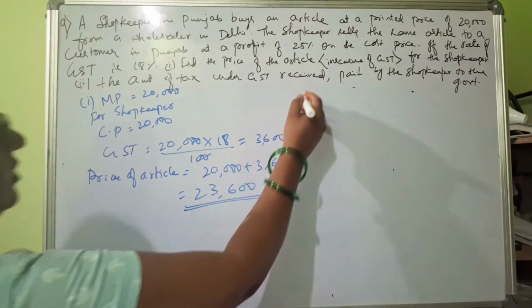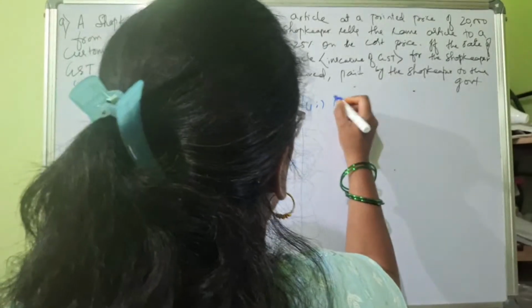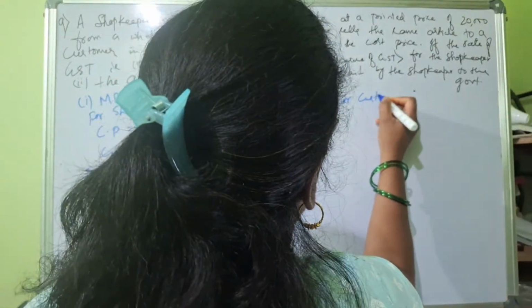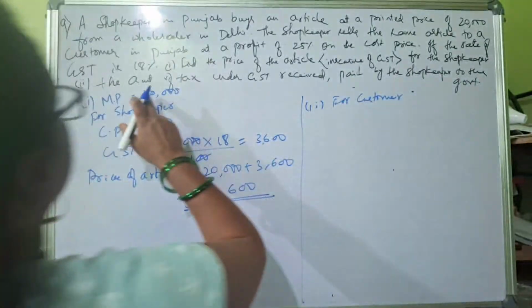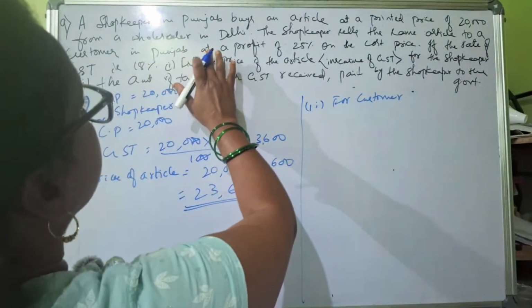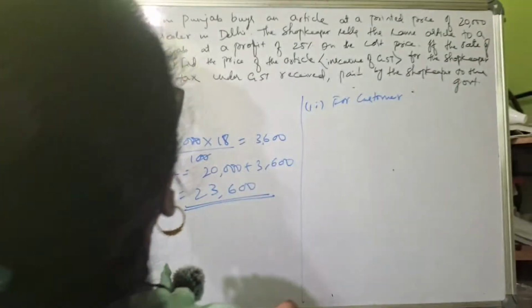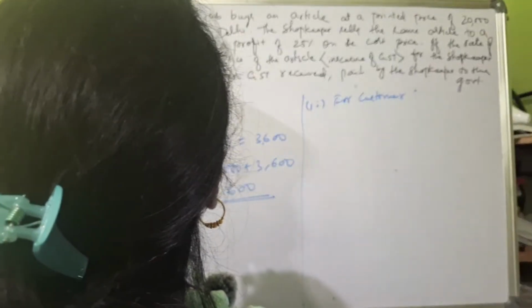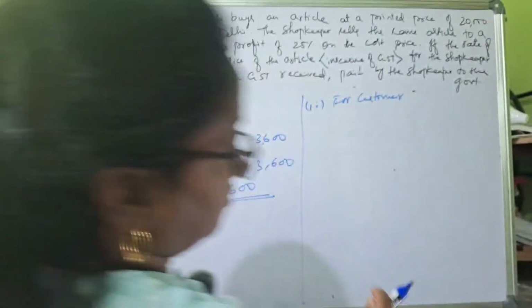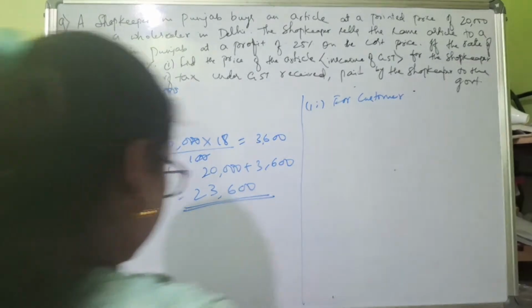And to solve the second question, I'll solve it here. For the customer, see, the shopkeeper sells the same article to the customer in Punjab at a profit of 25%. So the customer and the shopkeeper both are in Punjab. The tax applicable is intrastate, that is CGST and SGST.